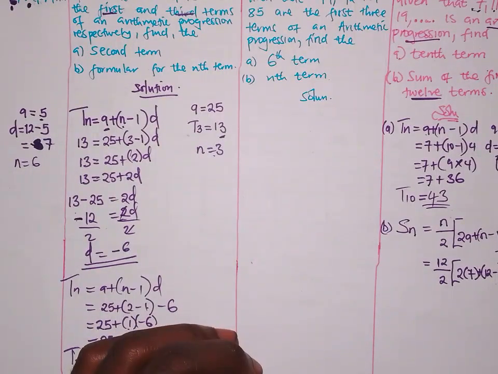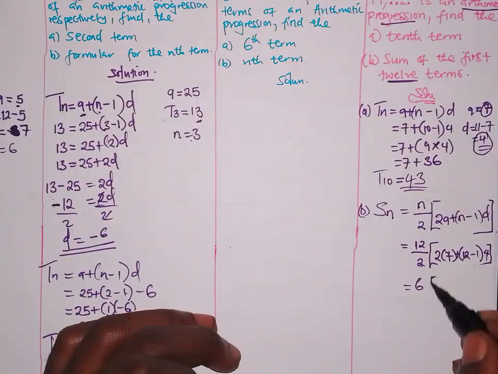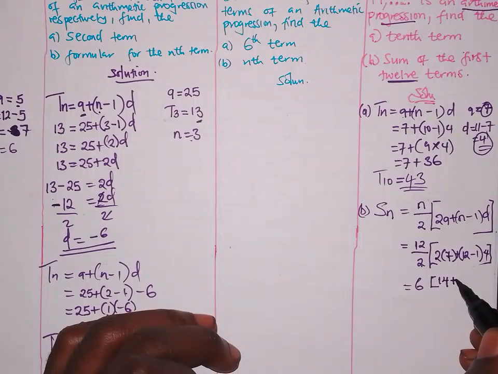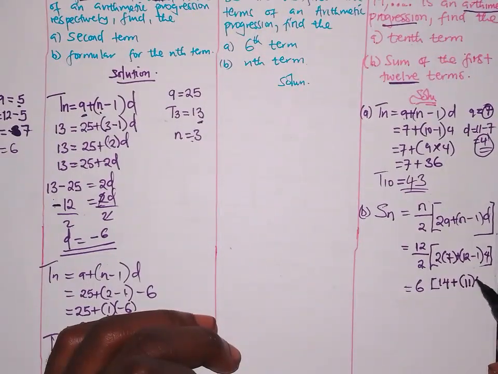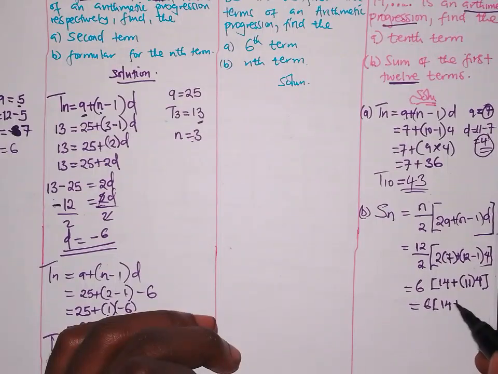Here you can divide 12 by 2, we have 6. Then 2 times 7, we have 14, plus 12 minus 1, we have 11 times 4. So 11 times 4, we have what? 44.